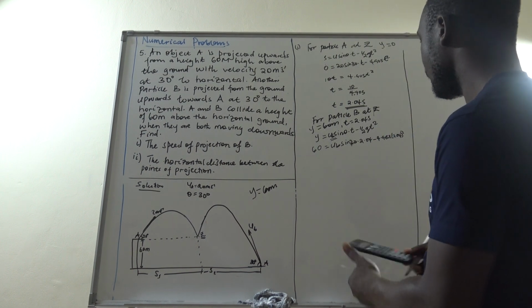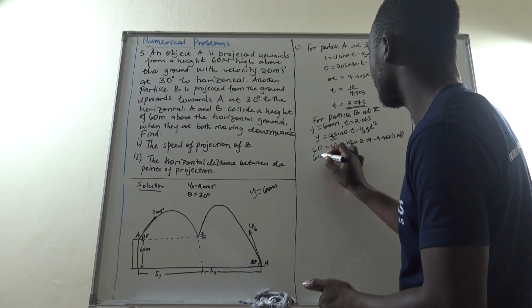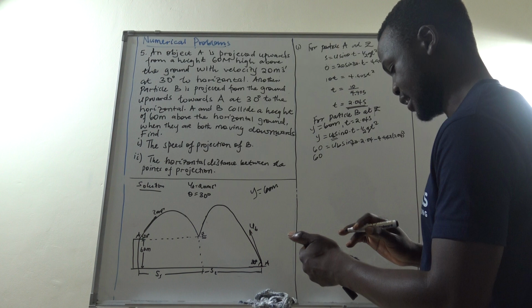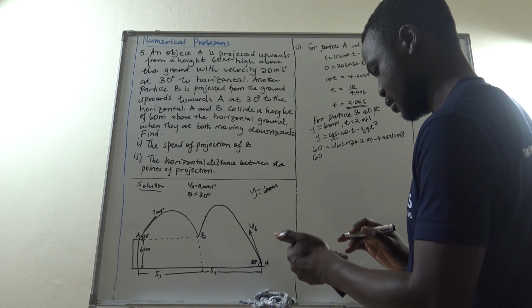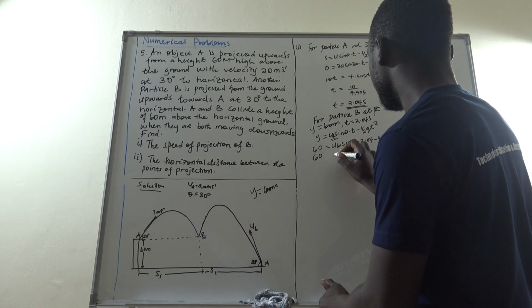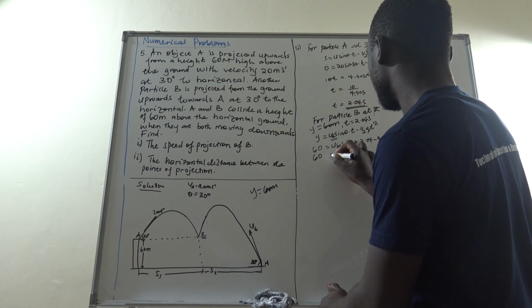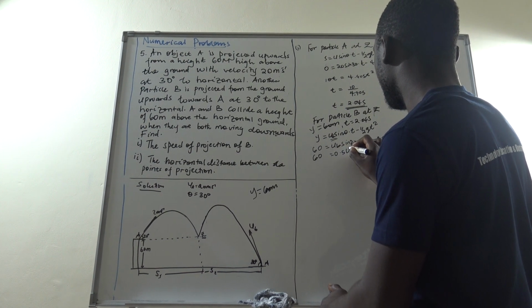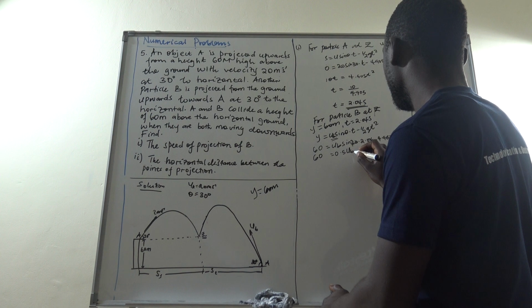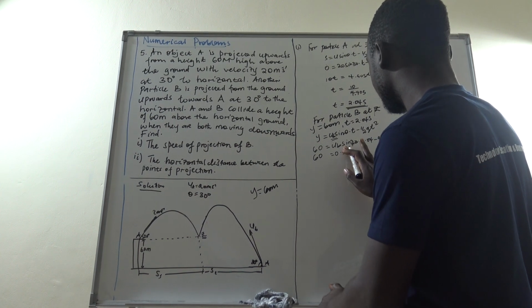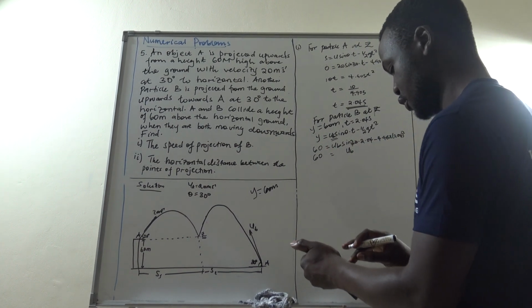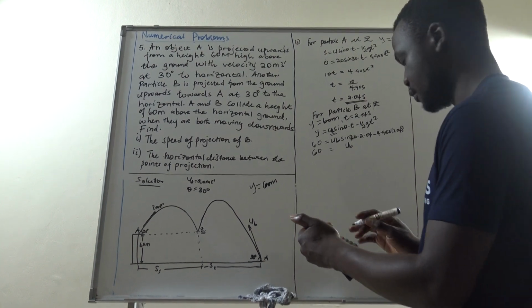Now, this is 60. We know that sine 30 is a half. So this is equal to 0.5 u_B times 2.04.